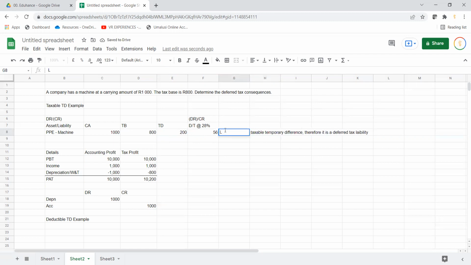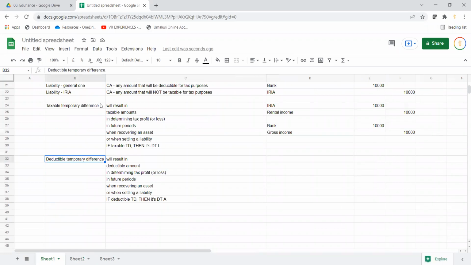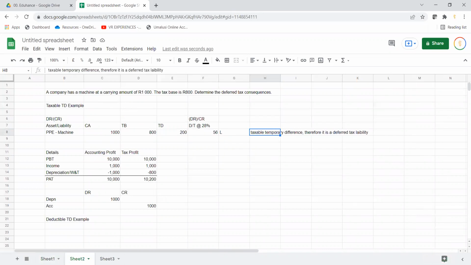I'm saying it is a liability because it's a taxable temporary difference. Why is it a taxable temporary difference? In order for it to be a taxable temporary difference, it must meet the definition: it will result in taxable amounts when calculating tax profit in future periods when recovering the asset. Okay.